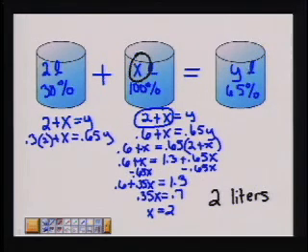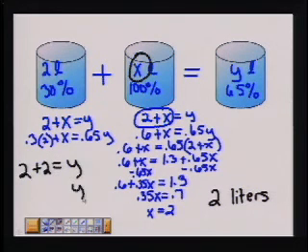If I want to know how much solution I'm going to have altogether in the final beaker, I can take my first equation. I have 2 liters of liquid in the first beaker, plus I just found I'm going to use 2 liters in the second beaker, and that means that the amount of liquid I'm going to have is 4 liters. So I will have 4 liters of 65% alcohol solution in the final beaker.